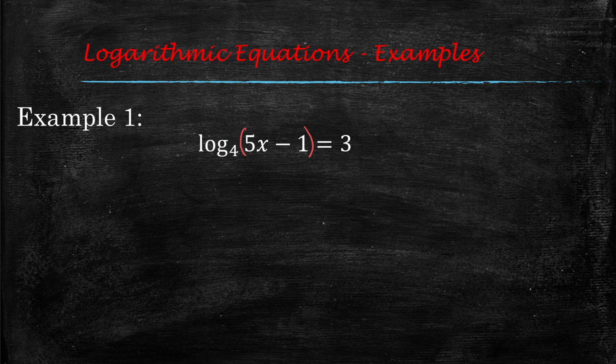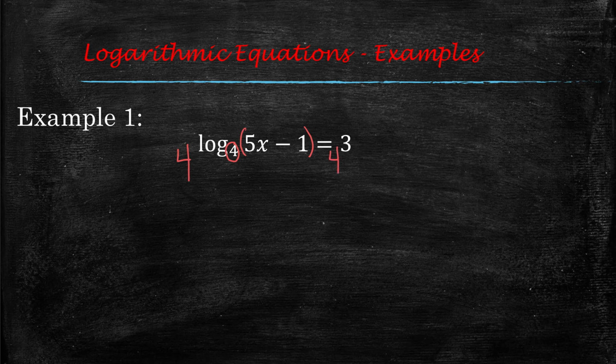The next thing you want to do is isolate your log. Well, there's nothing around the log on that side of the equation, so yours is isolated. The next thing you're going to do is what I call exponentiate both sides, because you're going to have to use this base 4, and you're going to have to write that as the base on both sides.